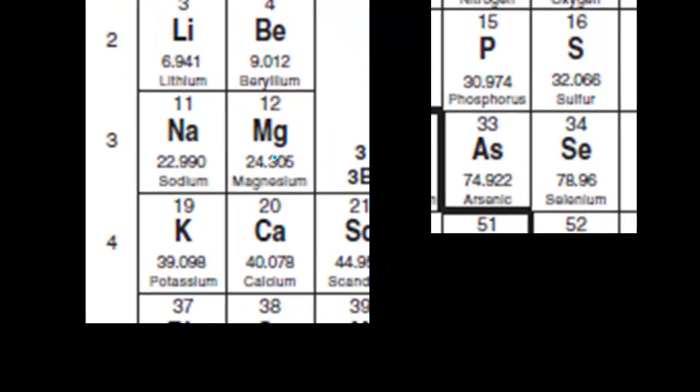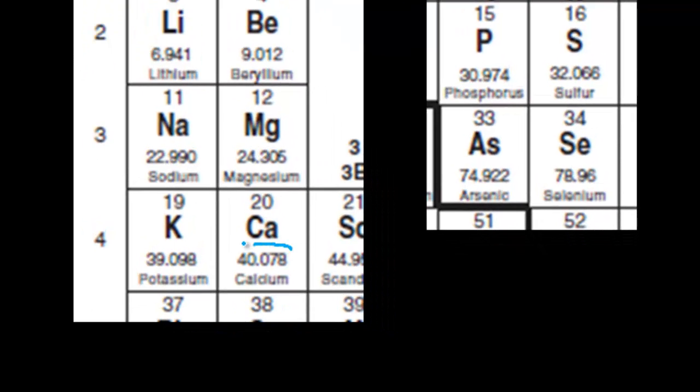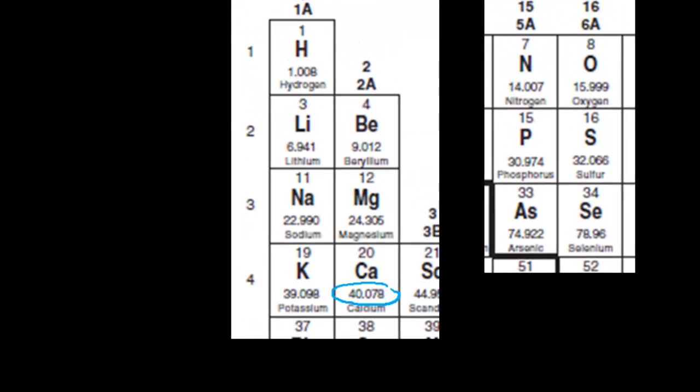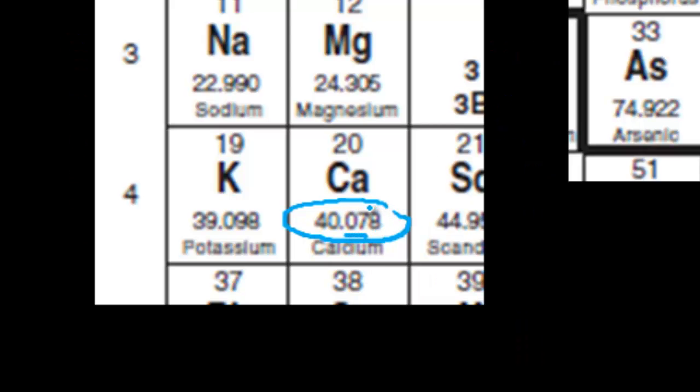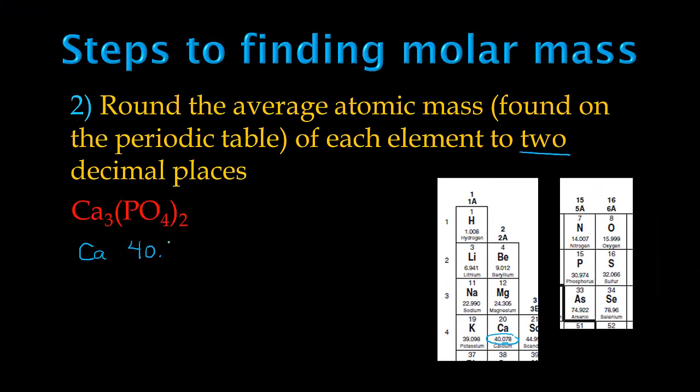Step 2, you round the average atomic mass of each element to 2 decimal places. Okay, so calcium is right here. Our atomic mass is 40.078. And we need to round it to 2 decimal places. So that's right here, 0.7, but I need to look at this 8. Does this 8 make the 7 go up? If it is 5 or more, then it will make the 7 go up. So it is 40.08.